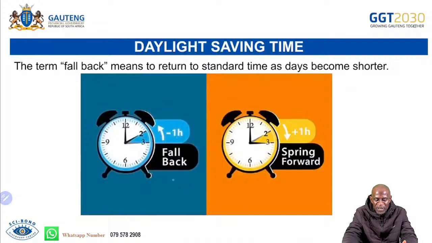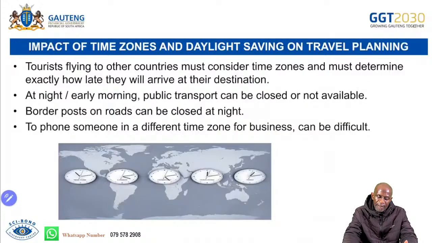The term fallback means to return to standard time as days become shorter. And spring forward is when we extend the normal time by 1 hour, because we are experiencing longer days and shorter nights.